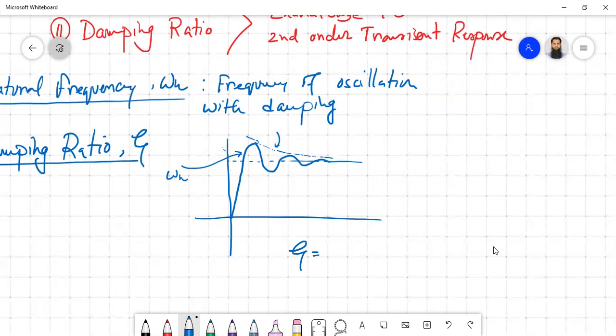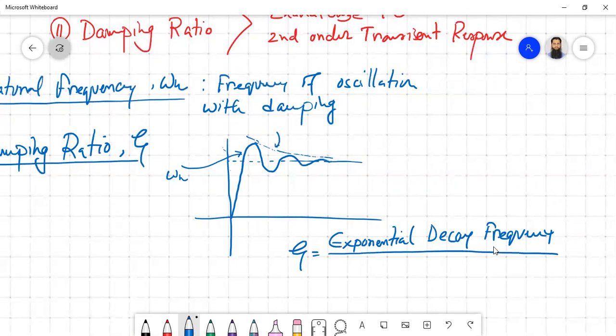Mathematically, your zeta is the exponential decay frequency divided by your natural frequency.